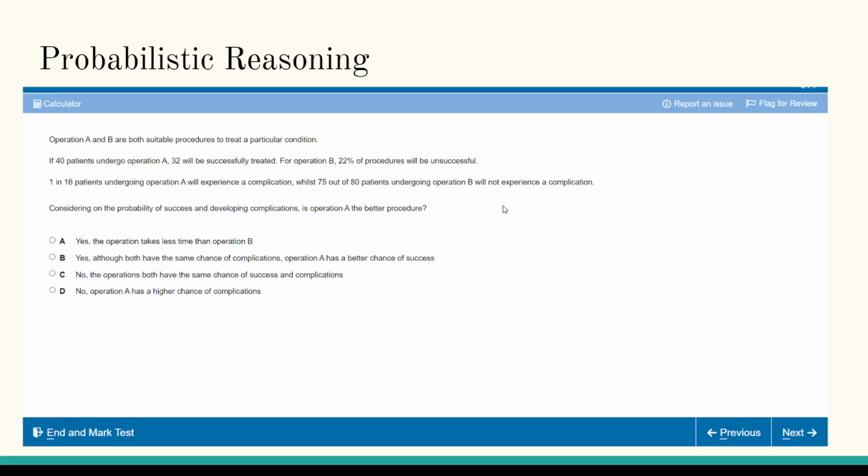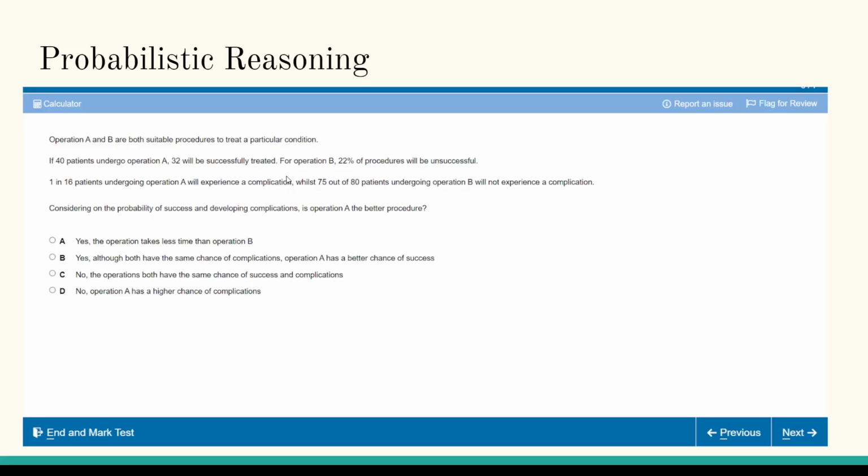This is an example of the UCAT layout. This is from the Medic portal, so you could go through these questions on their website. Here, you can click the calculator button and you'll have a pop-up window. You can use it to work out what 32 divided by 40 is.